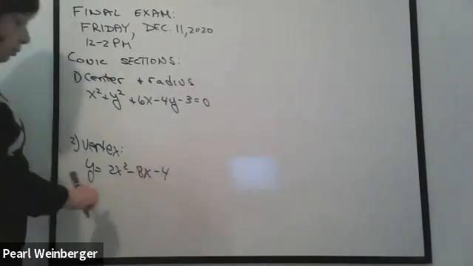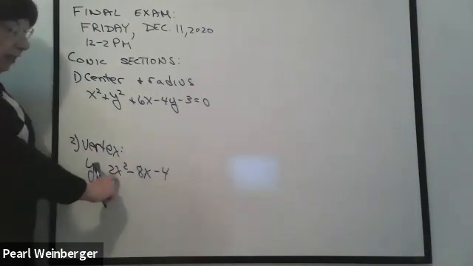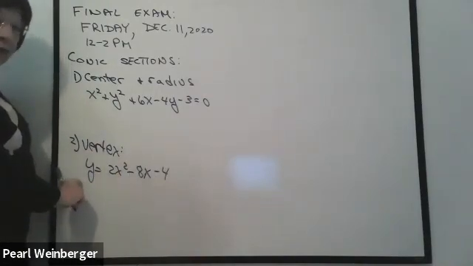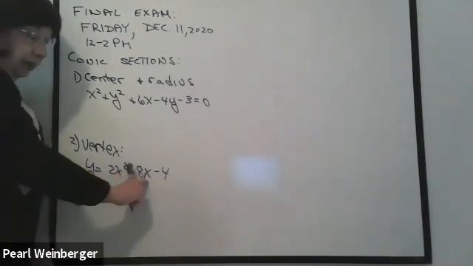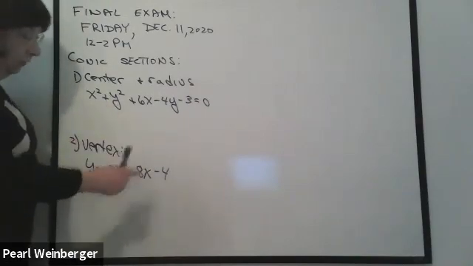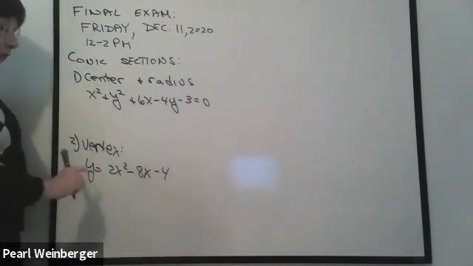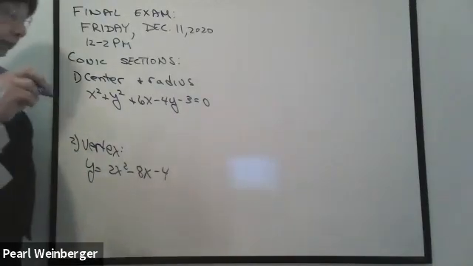Remember, the parabola is the only conic section whose equation has an x squared but doesn't have a y squared. It just has a y. Notice there's an x squared and an x term. They don't have to have the x term. You do have to have the x squared, but you don't have a y squared. That's how you know it's a parabola, that U shape.